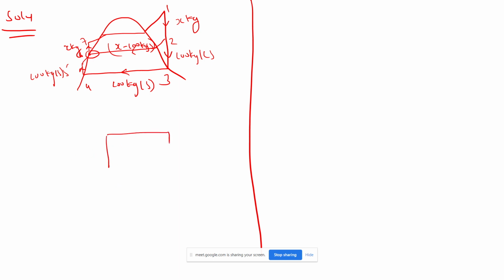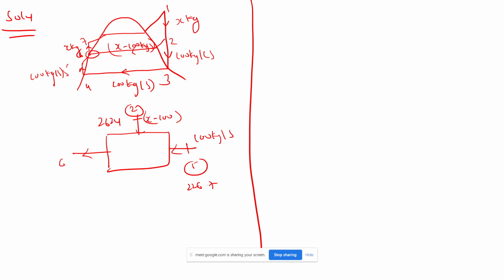So directly apply energy balance. At point 2 we are extracting x minus 100, and the enthalpy at point 2 they have given in the question is 2624. This is point 5, and the enthalpy they have given is 226.7, and they have given 100 kg per second.